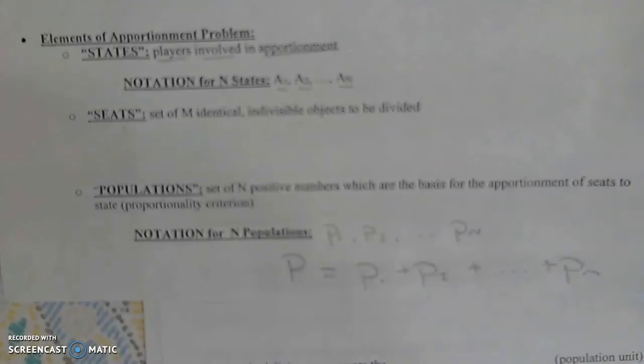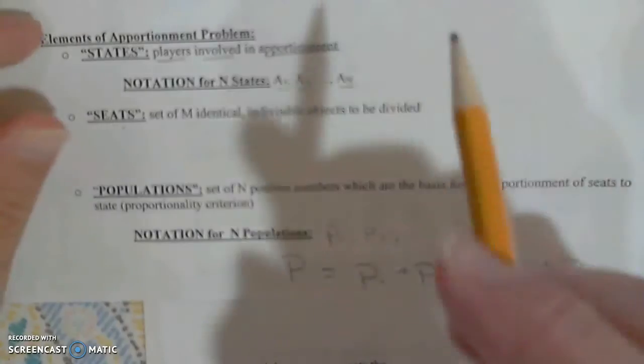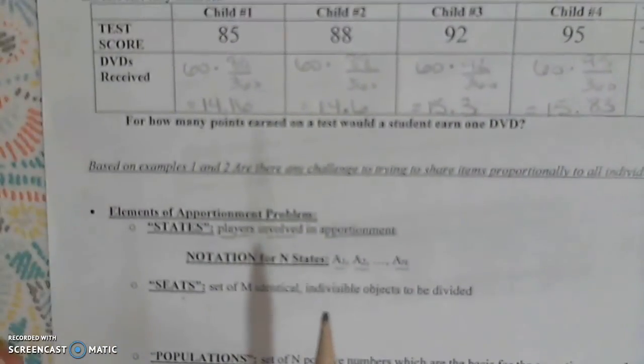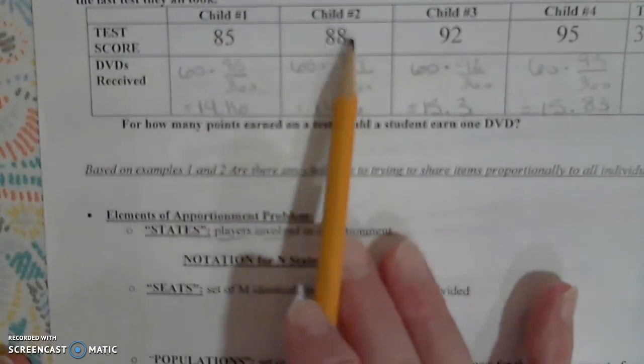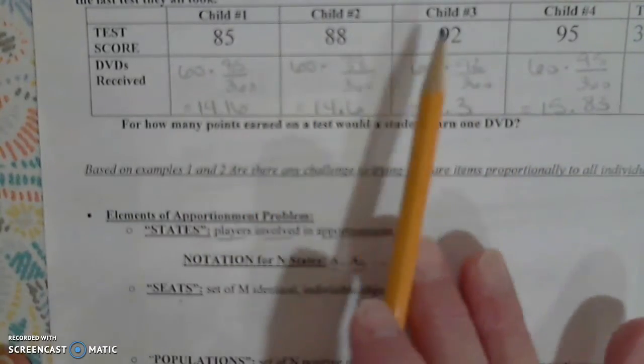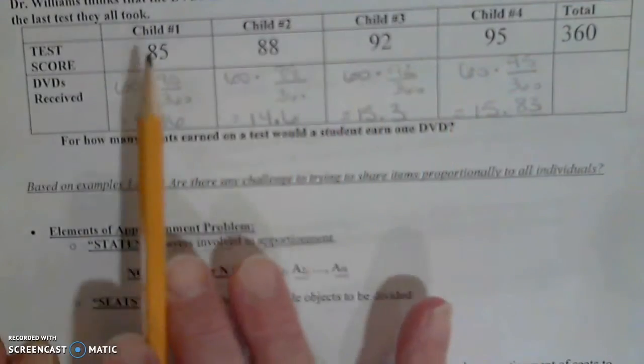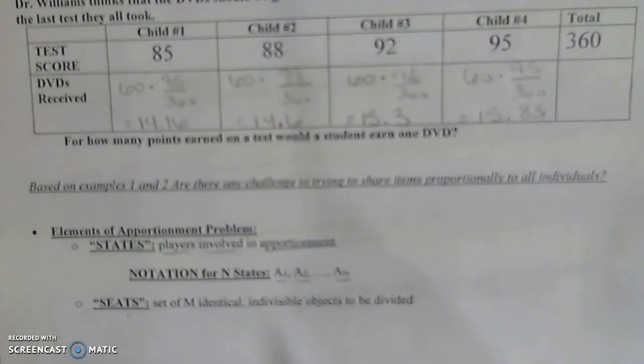So like our first example, it was the number of minutes worked would be the population. That's what it's based on. Number 2, remember how stuff was divvied up was based on the test scores. So once again, your population would be the test scores. All right?